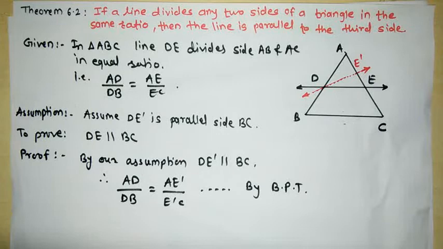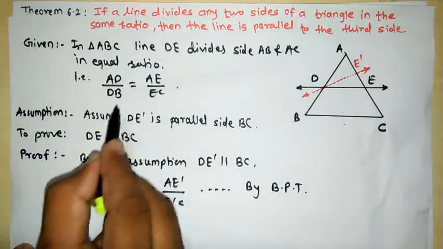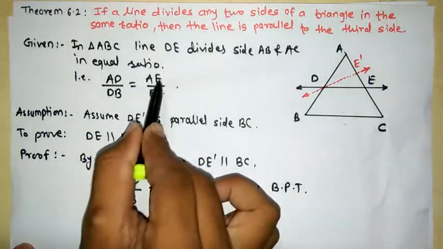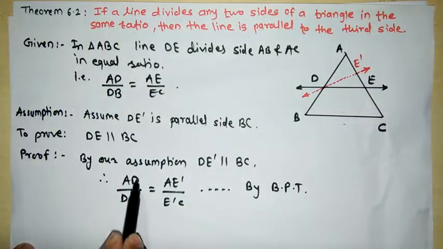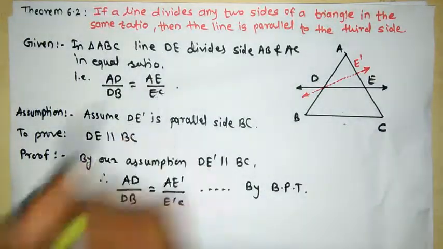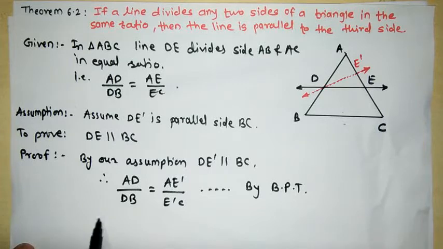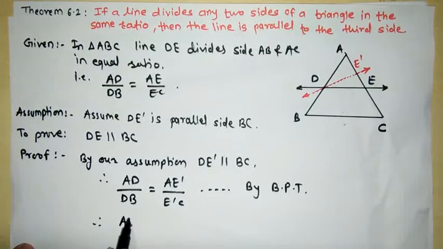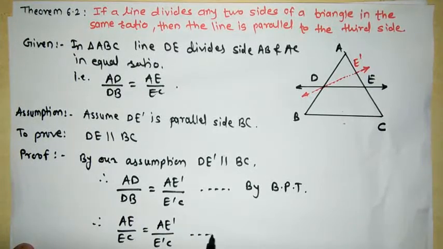Now, see here, AE dash divided by E dash C. But what is the given data? See here, given data, AD by DB is equal to AE by EC. Can we exchange this? Yes. Therefore, AE by EC is equal to AE dash divided by E dash C. What is the reason?